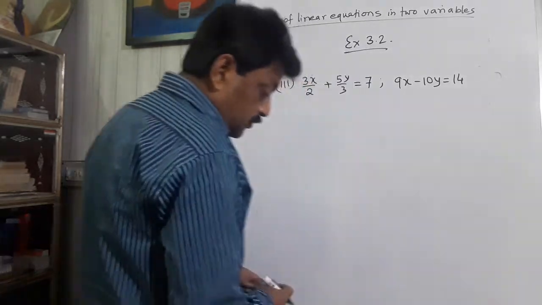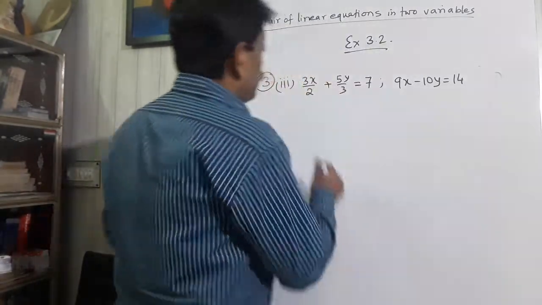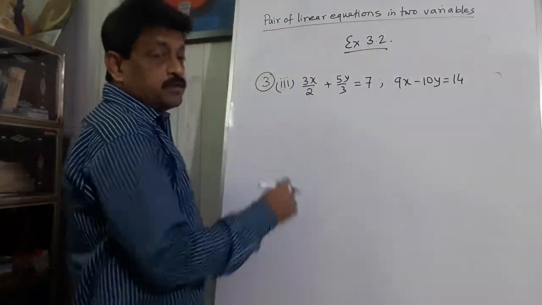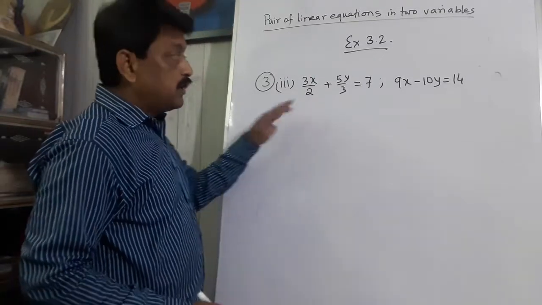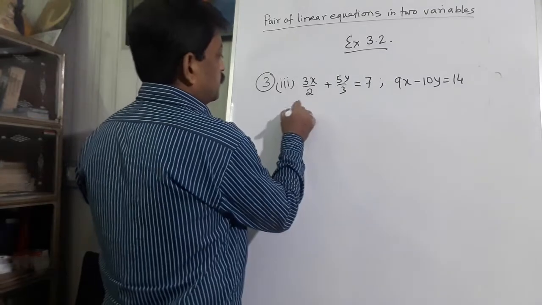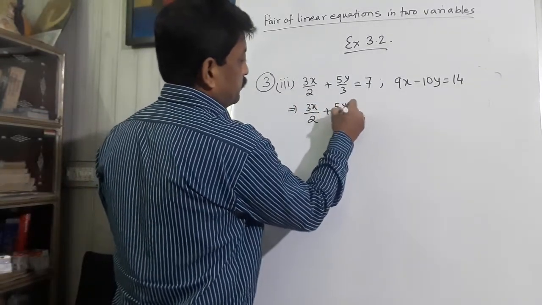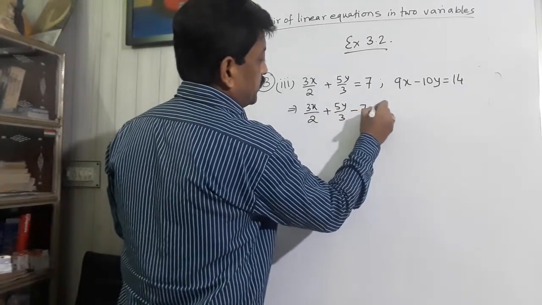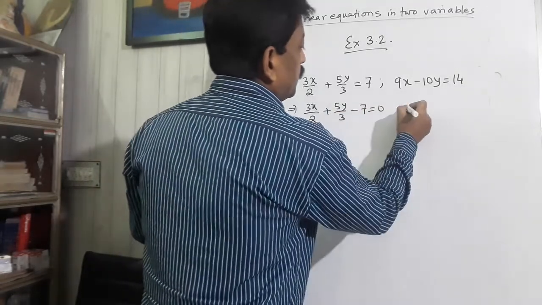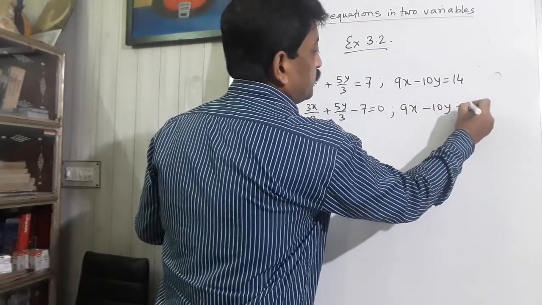Let me first write them in the general form, because we have to make the right hand side 0. So it is 3x upon 2 plus 5y upon 3 minus 7 equals 0, and 9x minus 10y minus 14 equals 0.